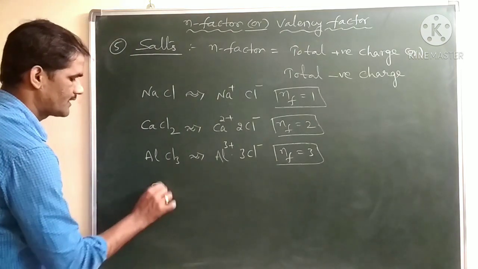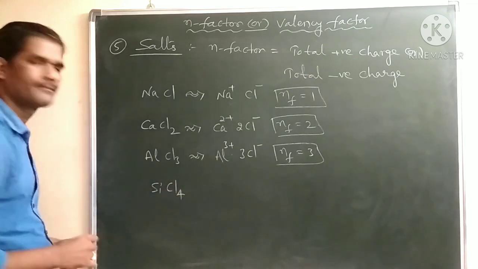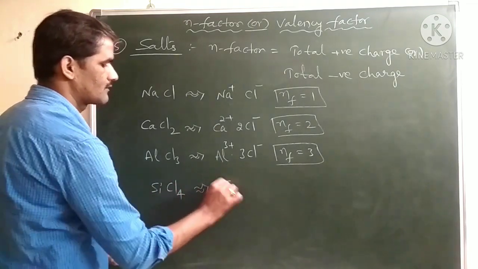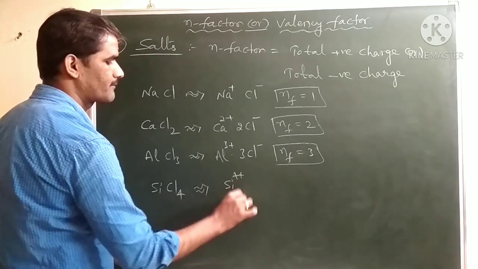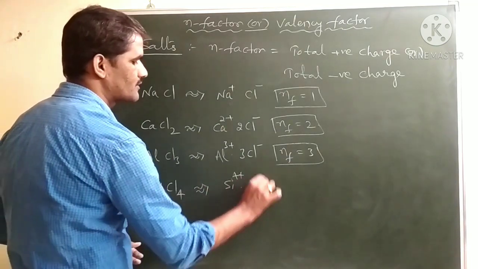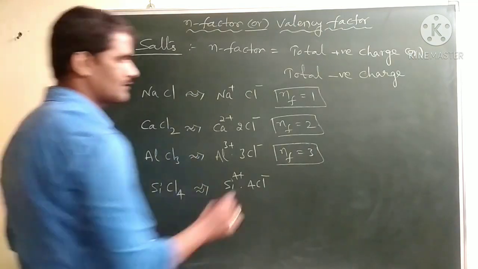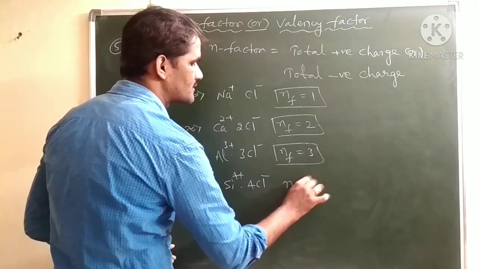Let us take silicon tetrachloride. Here the N factor: silicon 4 plus and 4 Cl minus. Again the N factor is equal to 4.